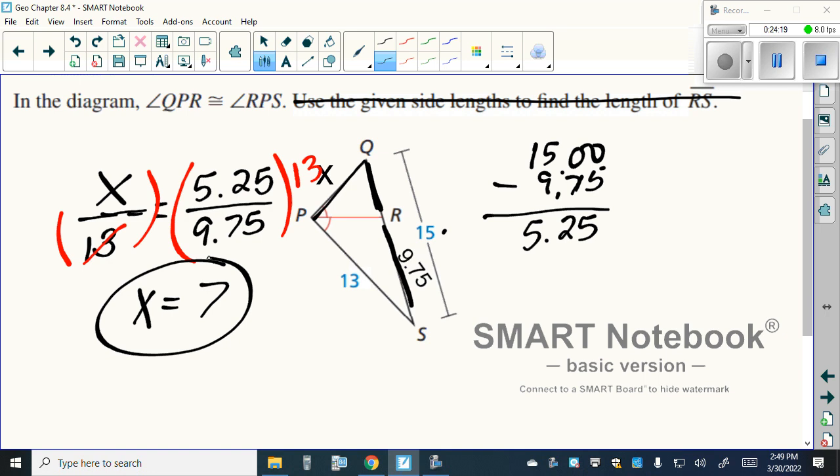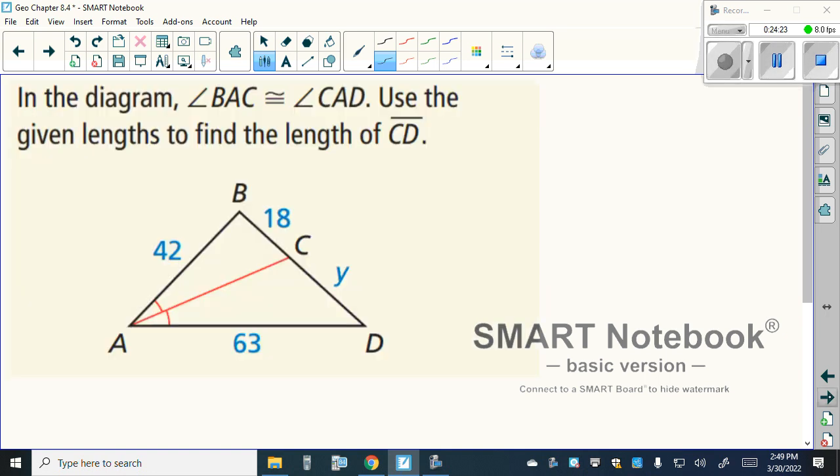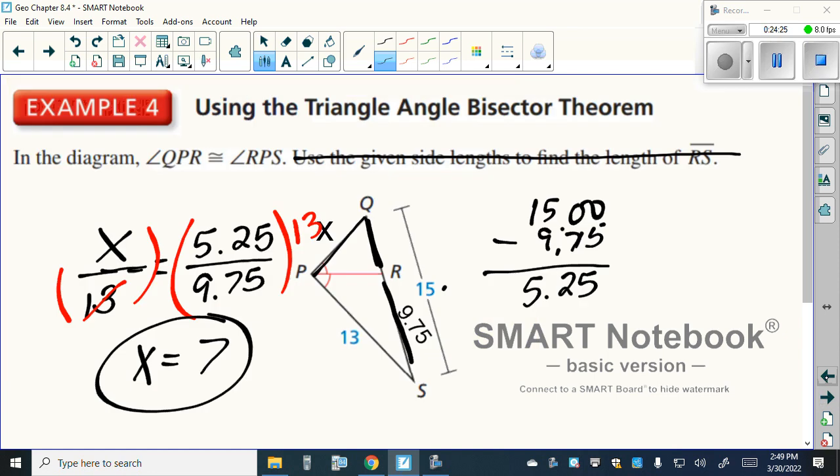Any questions on this here? Oh, yes. So for this one here, we had to find this value of 5.25 to be able to finish the problem out, because that's the only real thing that we needed. Any other questions on this here? Let's look at the next one. We ready?